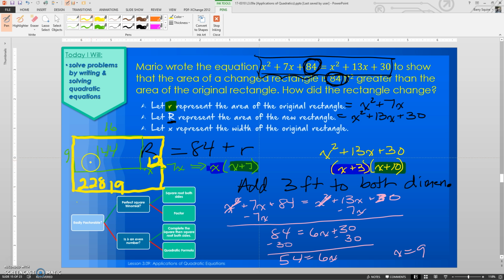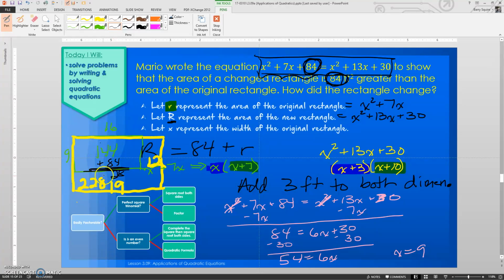I wonder if 144 plus 84 equals 228. Let's find out. 4 plus 4 is 8. 8 plus 4 is 12.